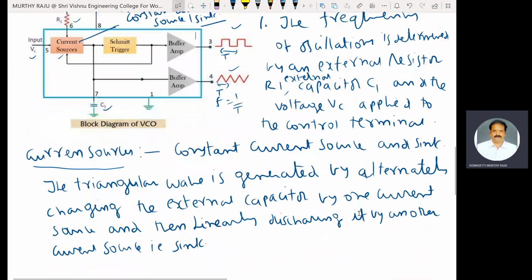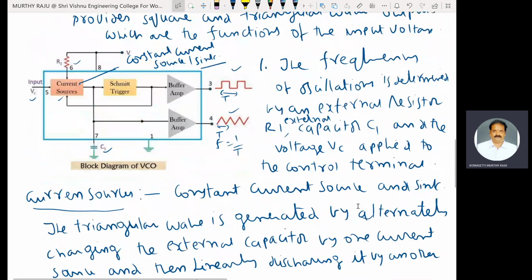The charging and discharging levels are determined by Schmitt trigger action.